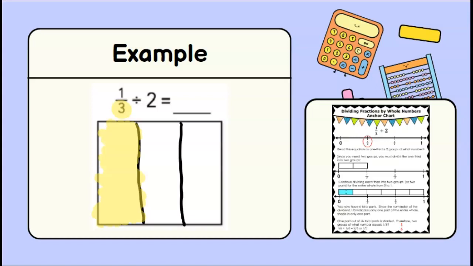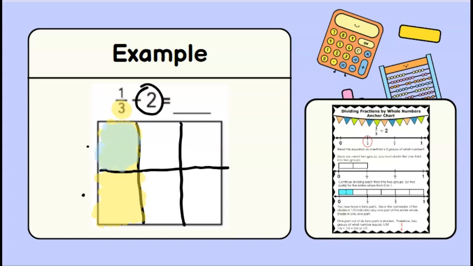Next, I am going to look at my divisor, and going from left to right, I'm going to divide it into that many spaces, which is 2. So I have 1, 2. Now I'm going to shade one of those spaces.